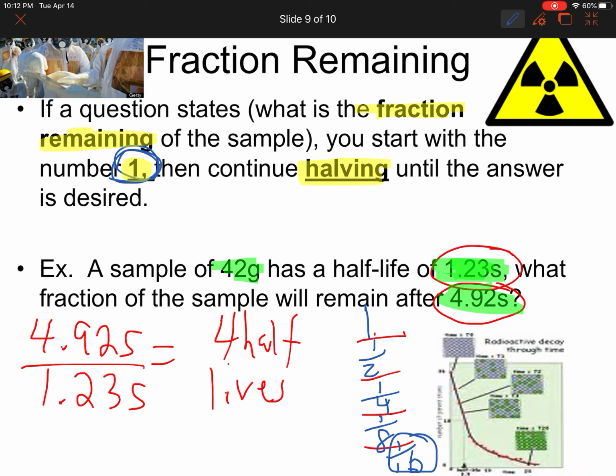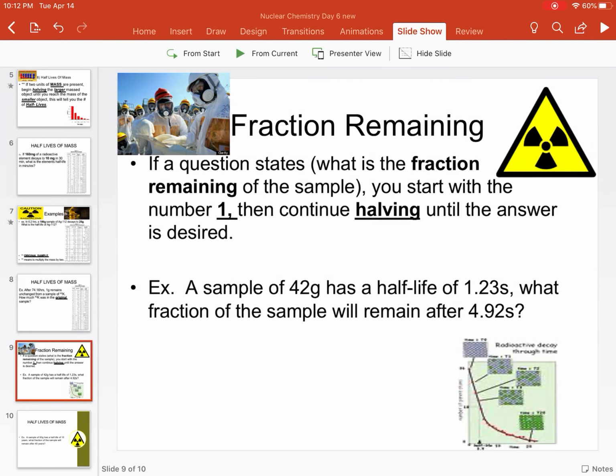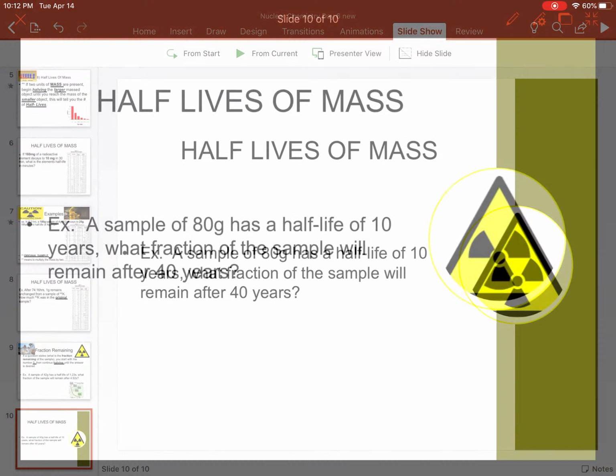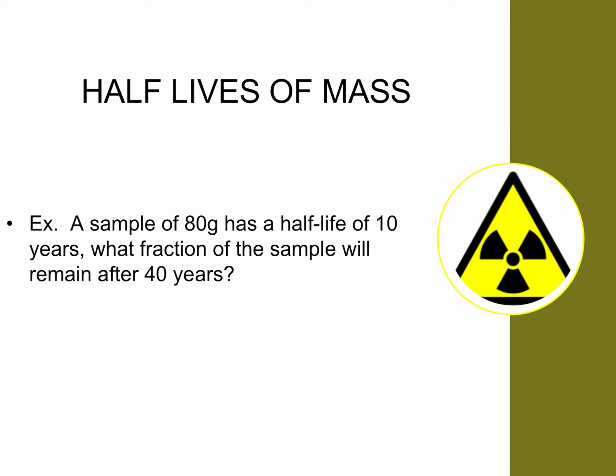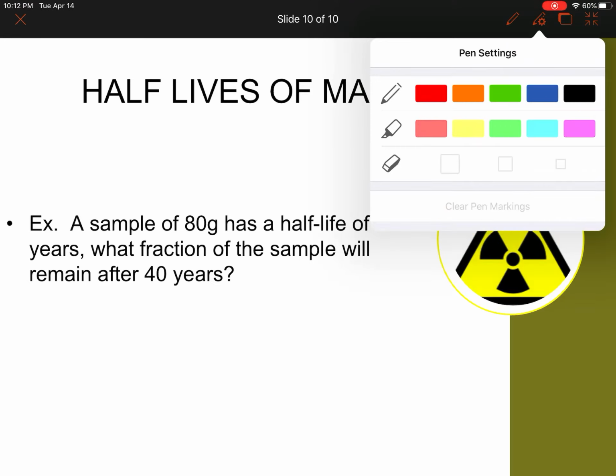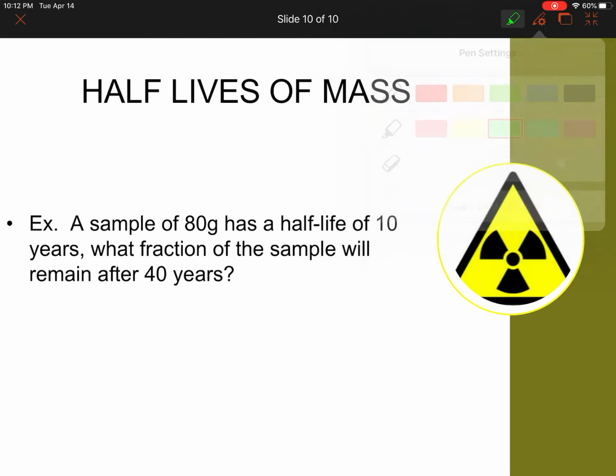All right. Let's do one more question on that. You can press pause now and answer the question right now. All right, and we're back. Here we go. It says over here, a sample of 80 grams has a half-life of 10 years. What fraction of the sample will remain after 40 years?